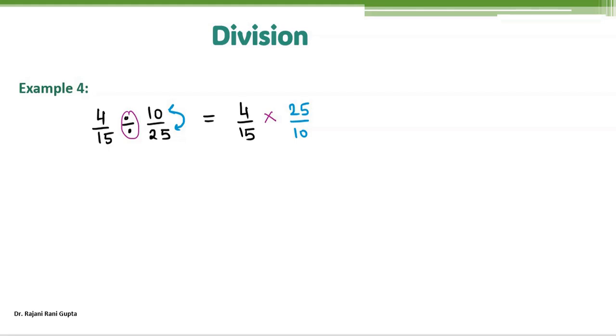So what this gives us, now it has become the product. So this gives us 4 times 25 over 15 times 10. Okay, so here you see that it's again big numbers under multiplication.